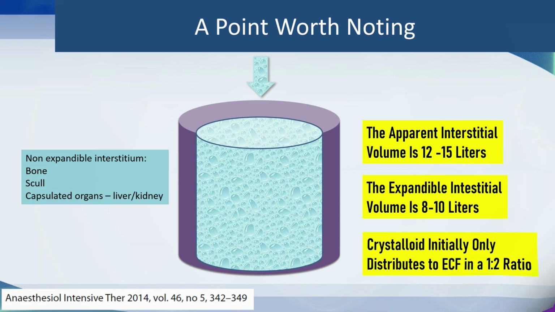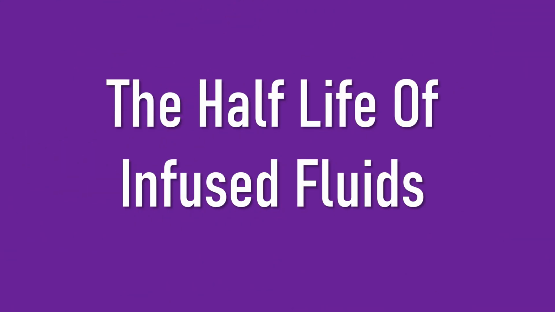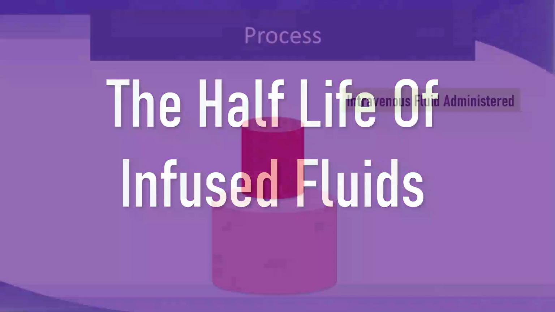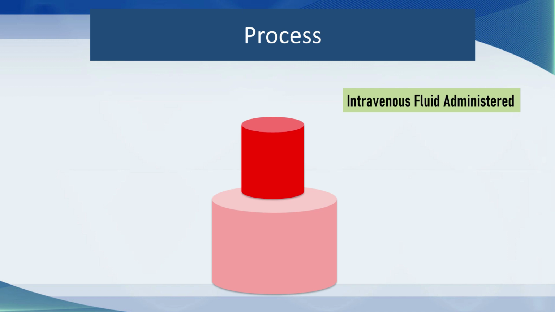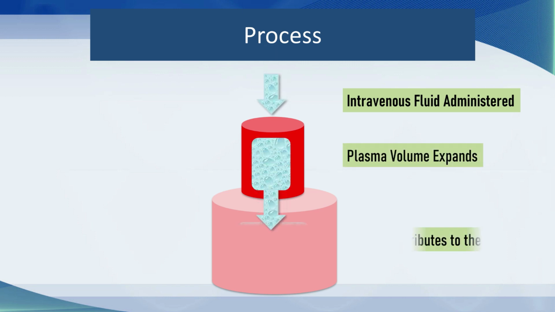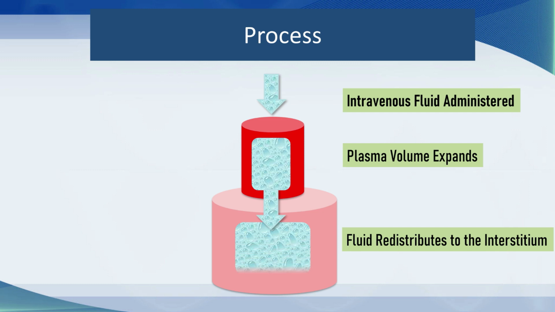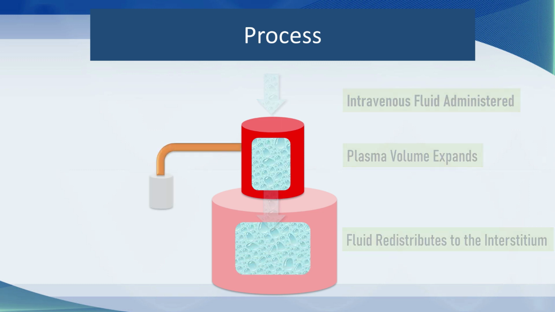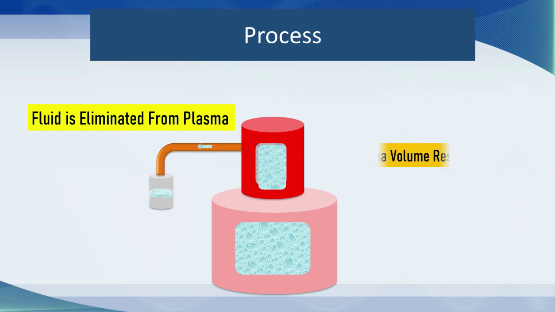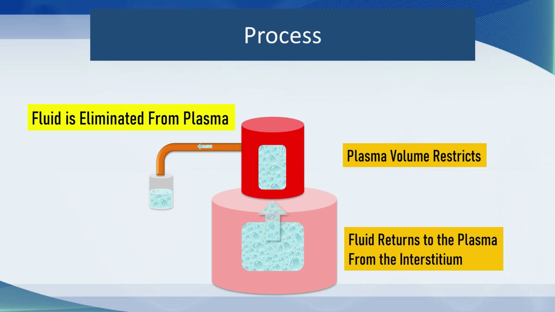compliance. A term that's worth keeping in mind is the half-life of infused fluids. Now, we administer the fluid and it expands the plasma volume and then redistributes to the interstitium. Once fluid is eliminated, the plasma volume restricts and then fluid returns from the interstitium to the plasma. The half-life is based on the rate of elimination.